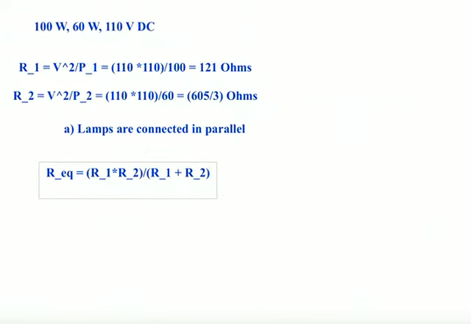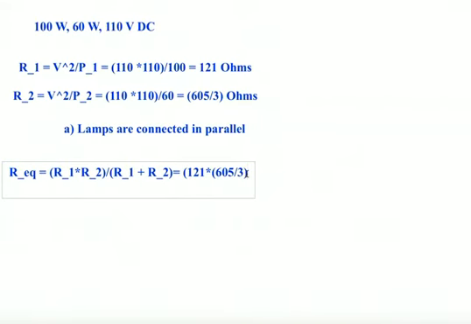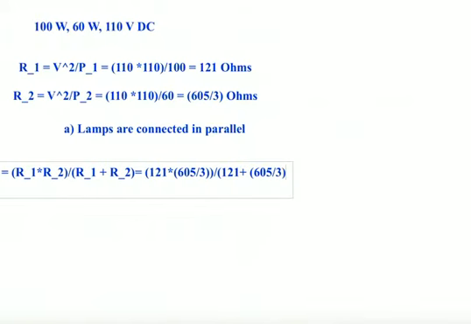How much will it be? 121 into 605 by 3, whole divided by 121 plus 605 by 3.